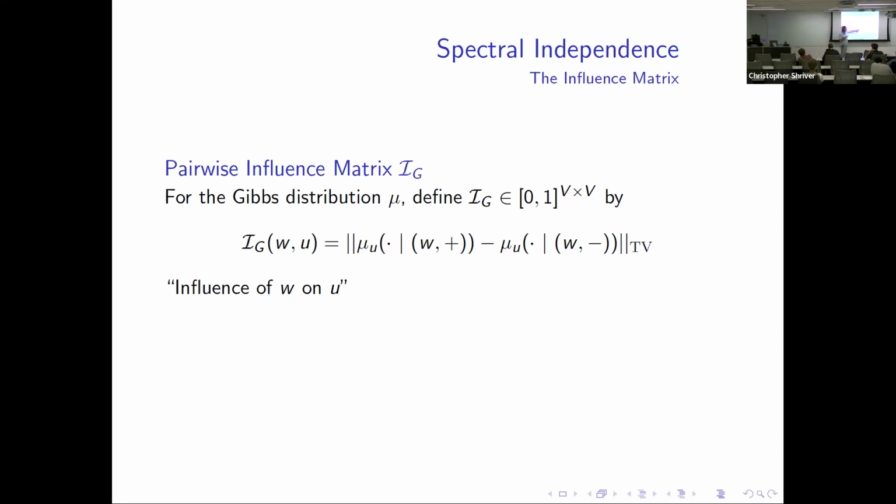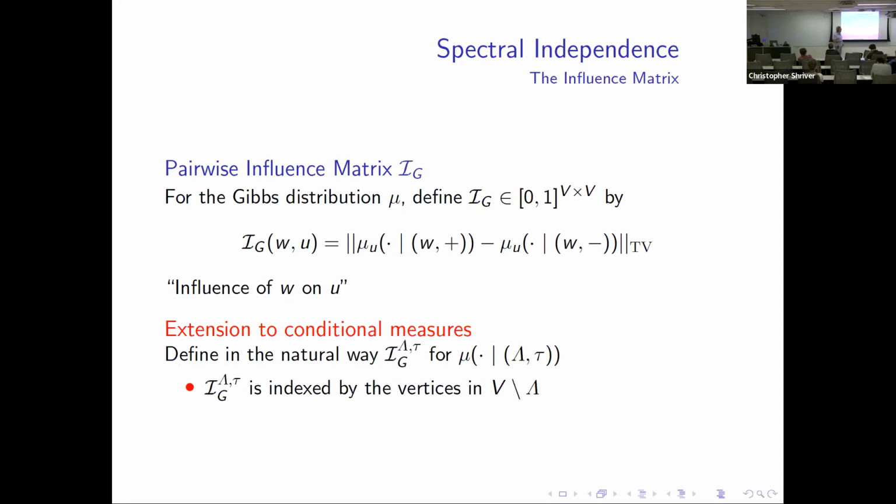It is a matrix whose entries are in the interval [0,1], and it's indexed by the vertices of the graph, similarly to the adjacency matrix. And the entry I(W,U) is this quantity here. So what is this quantity?